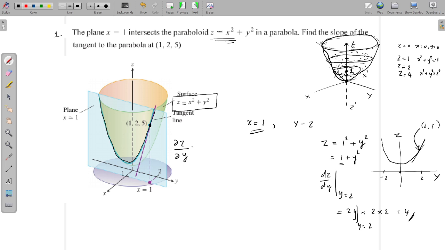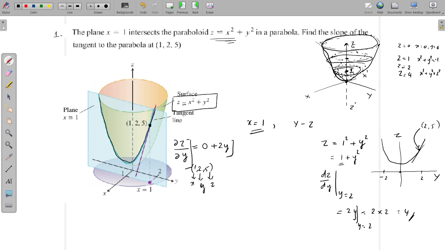When you take this, the derivative of x squared is 0, because we are considering x as a constant, x equal to 1, and we take the derivative of this quantity, that is 2y, at the point 1, 2, 5. That means x equal to 1, y equal to 2, and z equal to 5.